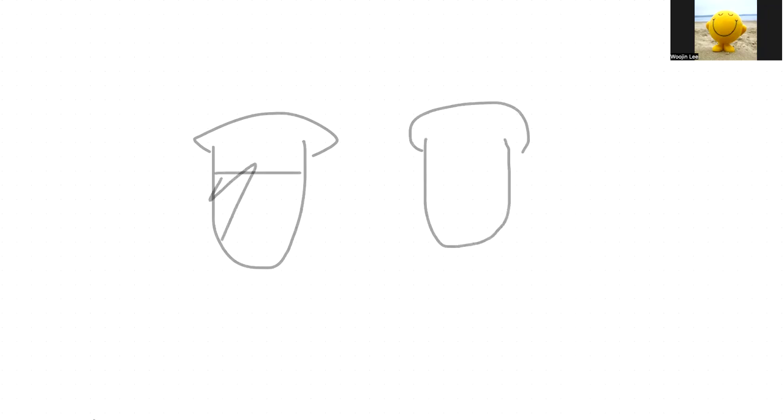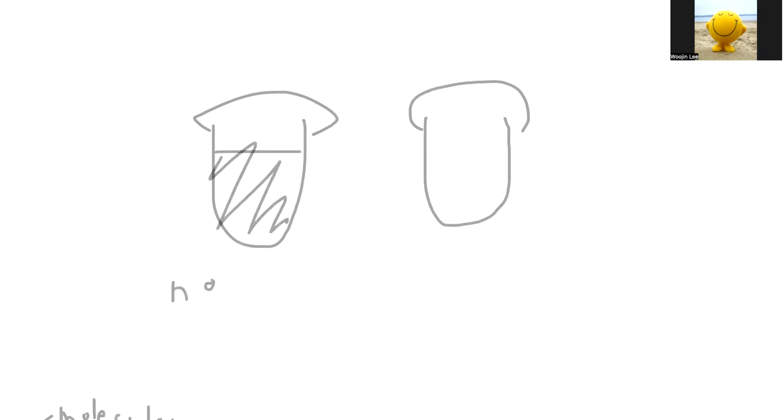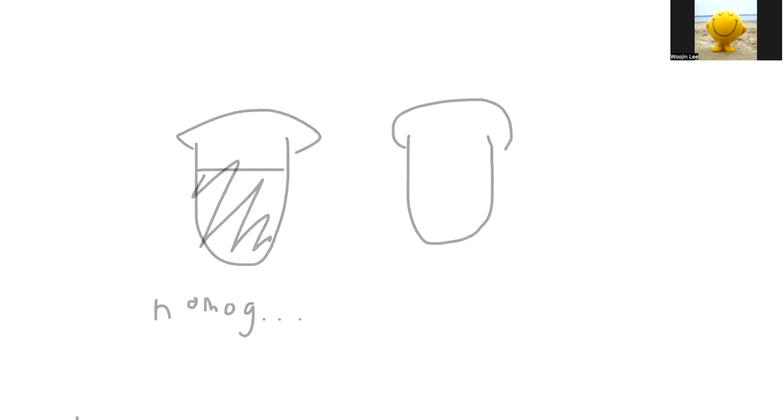This is what you call a homogeneous mixture. Sorry, my pronunciation is bad. And a heterogeneous mixture will look something like this. A homogeneous mixture looks uniform throughout.